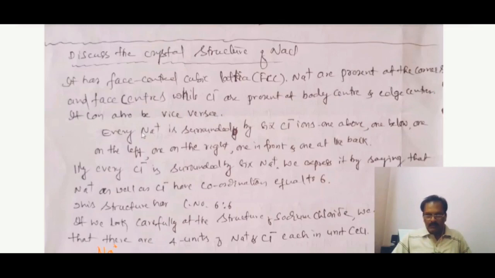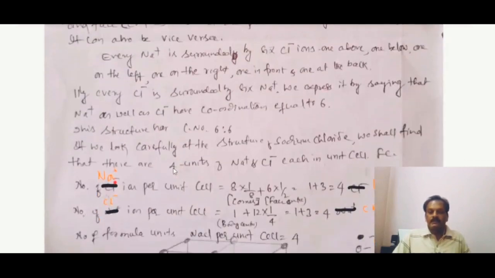As I told you, every Na+ ion is surrounded by 6 Cl- ions: one above, one below, one left and one right. Similarly, Cl- is surrounded by 6 Na+ ions. We express this by saying that Na+ as well as Cl- have coordination number 6. The structure of NaCl has coordination 6:6.